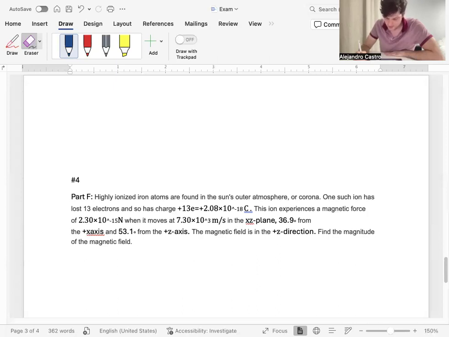The magnetic field is in the positive z direction. Find the magnitude of the magnetic field.